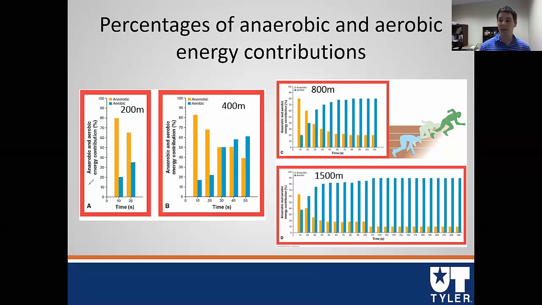They'll say, what's the contribution? The first race they talk about is the 200-meter race. This is going to take anywhere from 20 to 30 seconds, depending on the speed. Michael Johnson ran it in 19 or so seconds. Most people aren't running it that fast, but 20 to 30 seconds here.